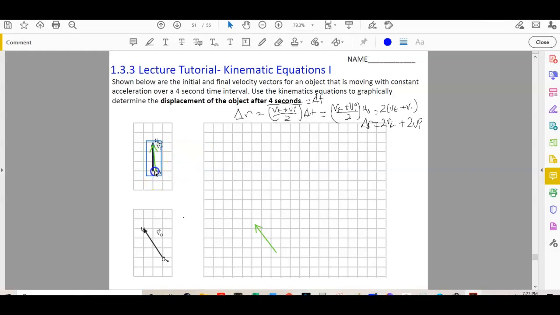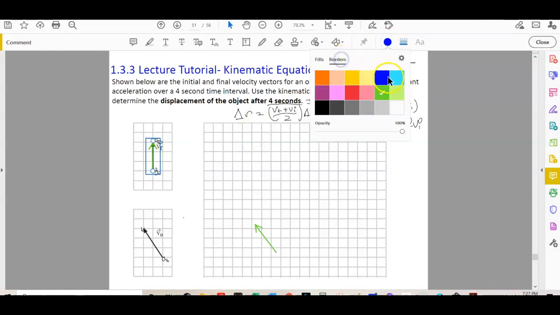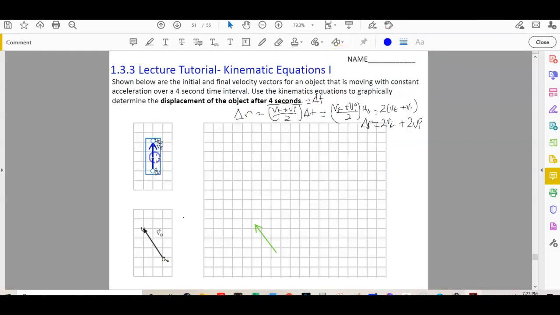I'll do a better job at lining that up. And I'm going to call that blue. All right, so that's our final velocity vector, and it should be pointing straight up.